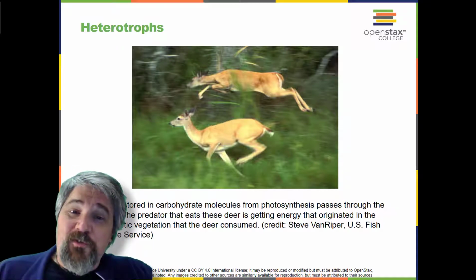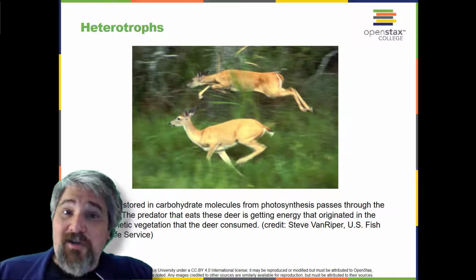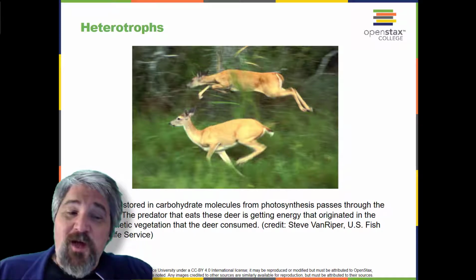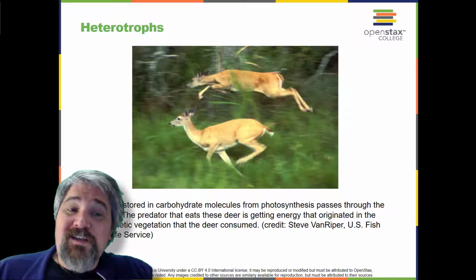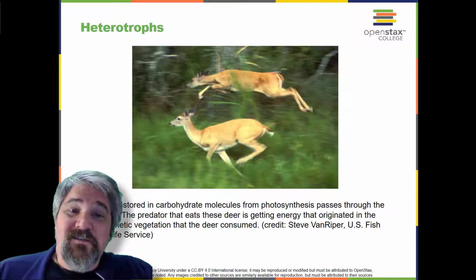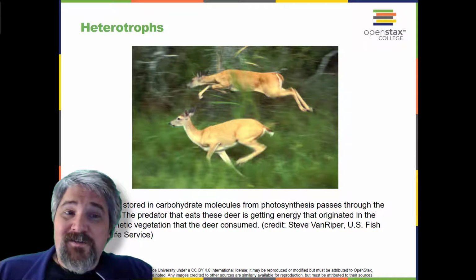The Greek roots of the word heterotroph mean other, hetero, feeder, troph, meaning that their food comes from other organisms. Even if the food organism is another animal, this food traces its origin back to autotrophs and the process of photosynthesis. Humans are heterotrophs, as are all animals.